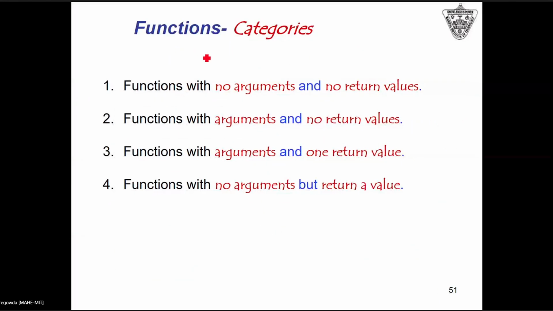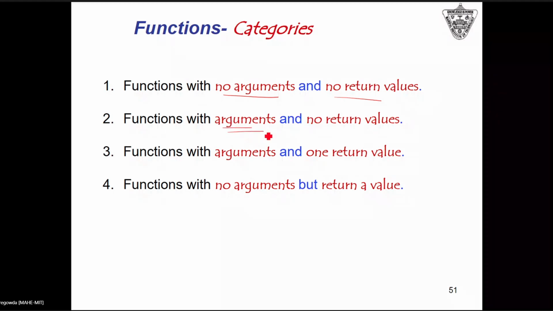Before that, let's see how functions can be classified depending upon the return types and the arguments. You can write a function with no arguments and no return value, meaning that we simply invoke a function without any arguments, and the function will not return any values. The second way is the function accepts arguments and does not return any values.